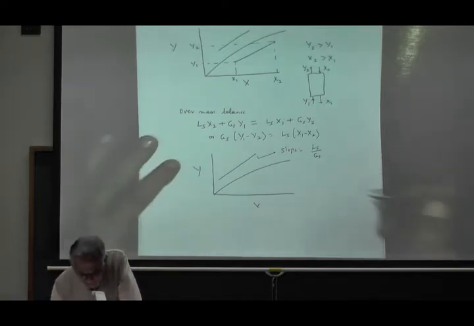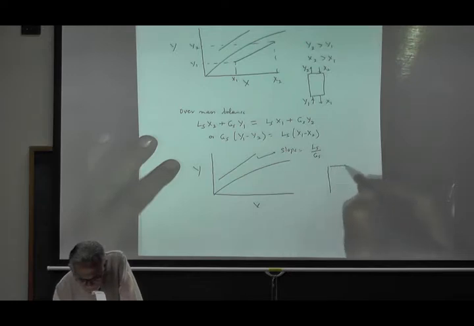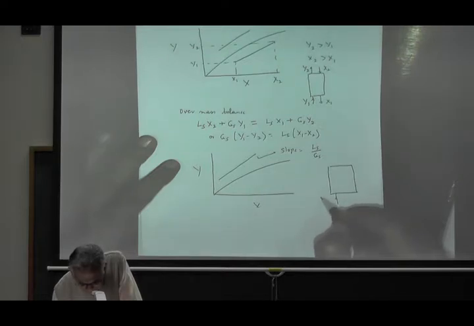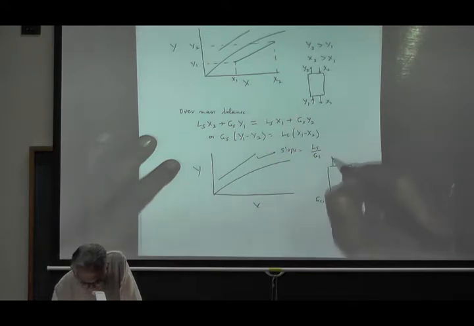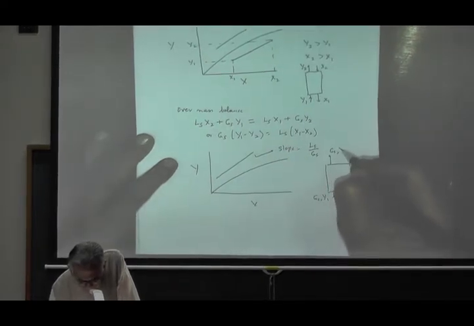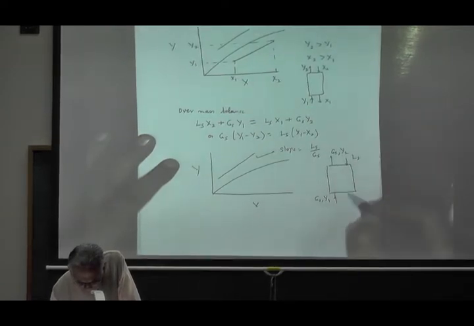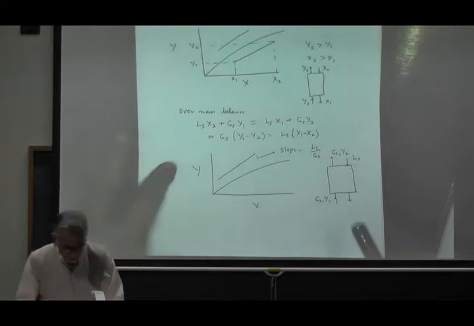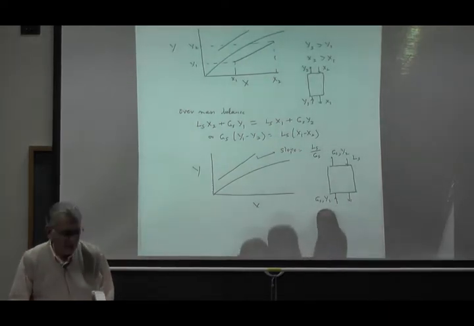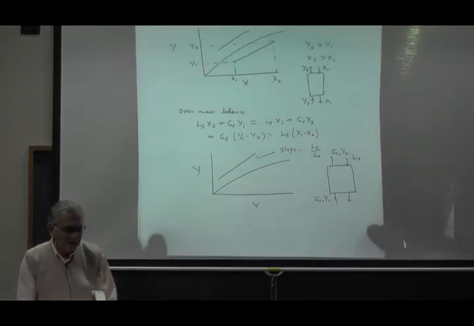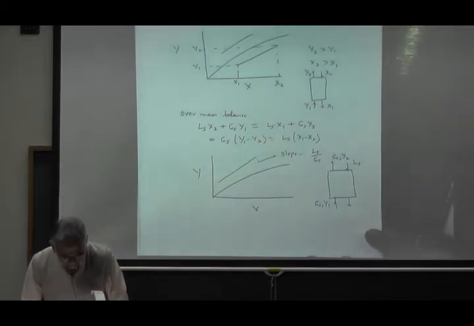See, supposing this is the column, and you are specifying that you have some Gs coming in, some Y1 coming in, and you have some Gs going out and some Y2 going out. So now Gs, Y1, Y2 are specified, and generally you know what you want.